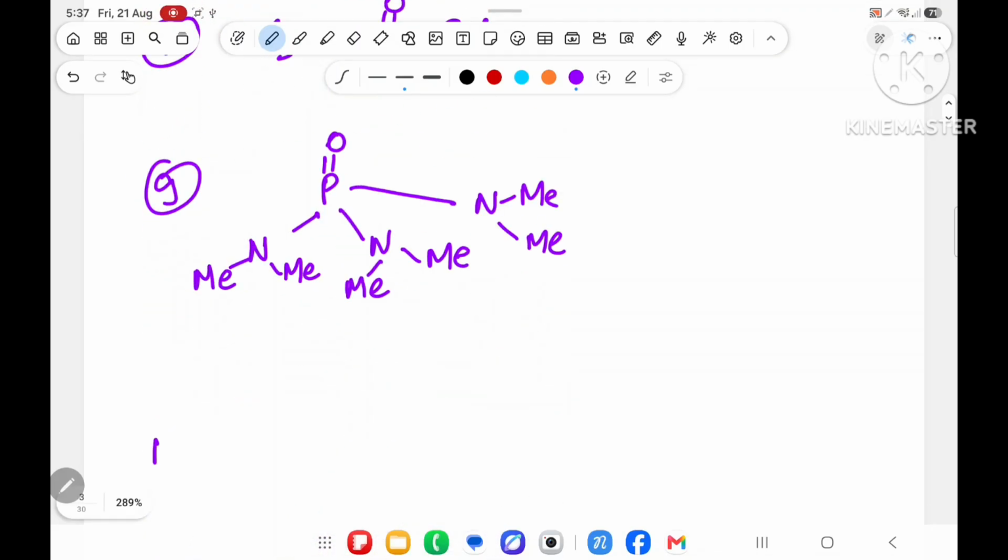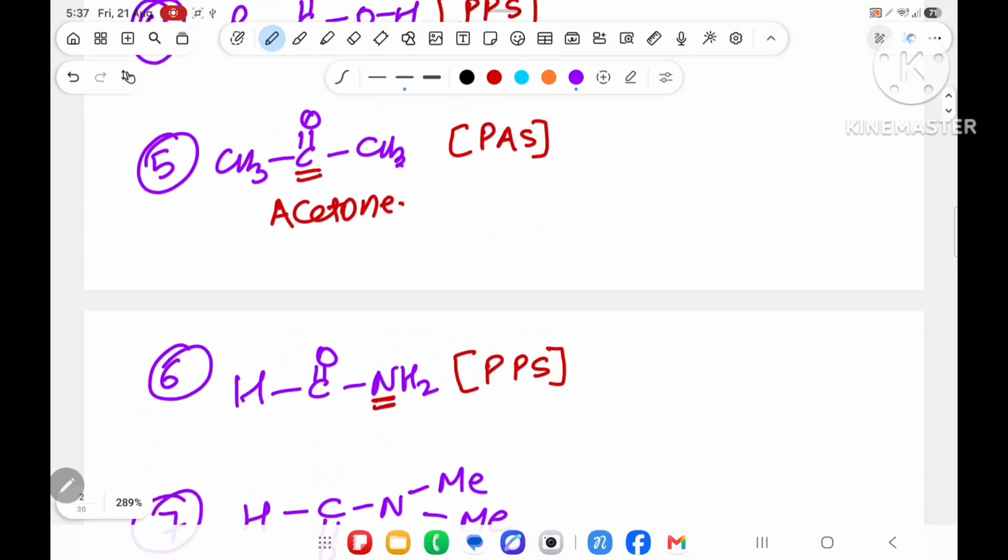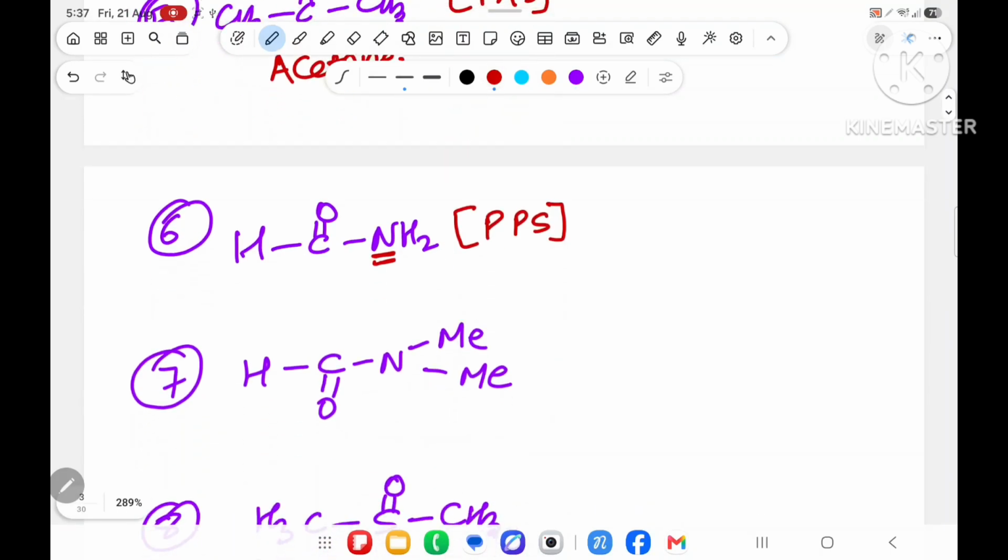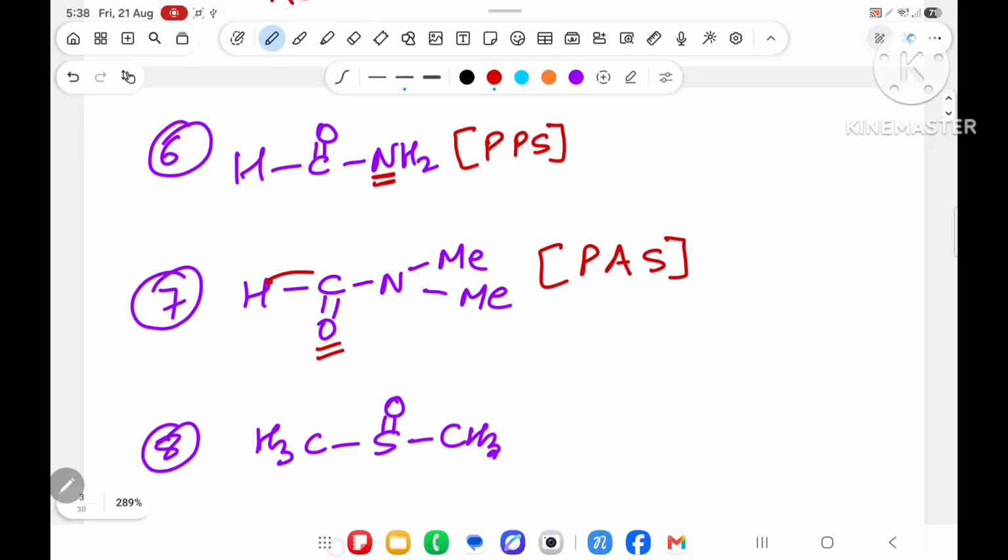Acha, one more I will write. Tenth one, last example, H3C C double bond O N(Me)2. Now I will ask, tell me, is this polar protic or aprotic? Sir, this oxygen no hydrogen. With carbon hydrogen is there, not with oxygen. This nitrogen no hydrogen. It means this is a polar aprotic solvent, and its name is DMF.